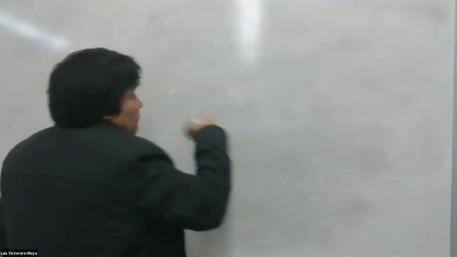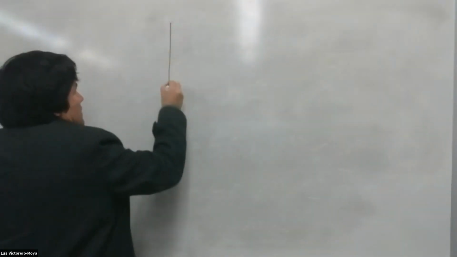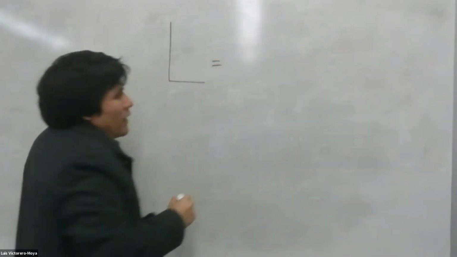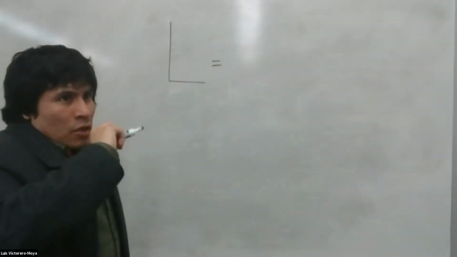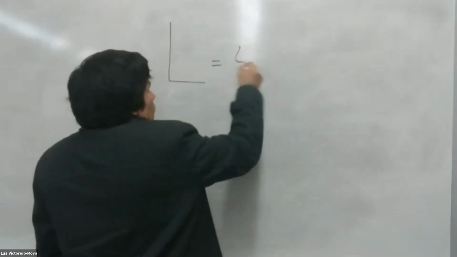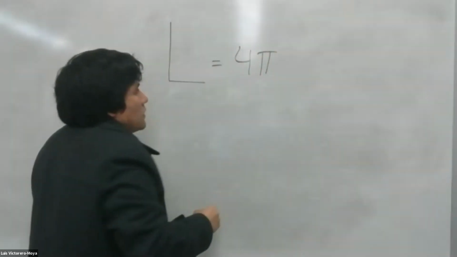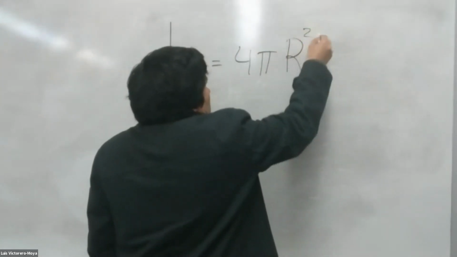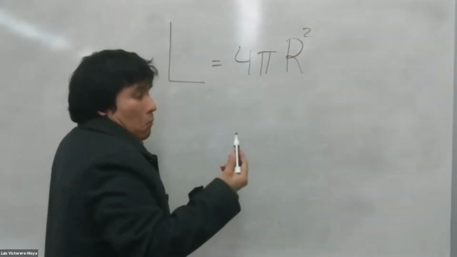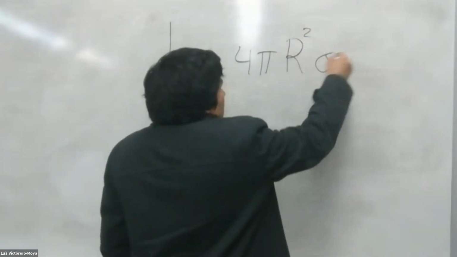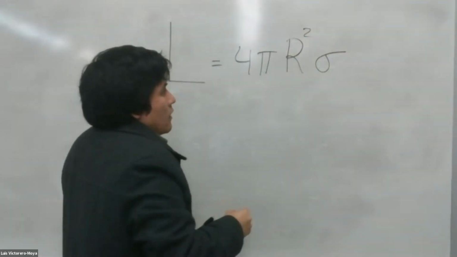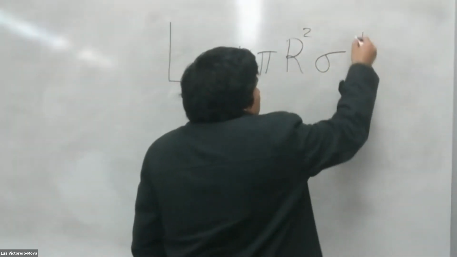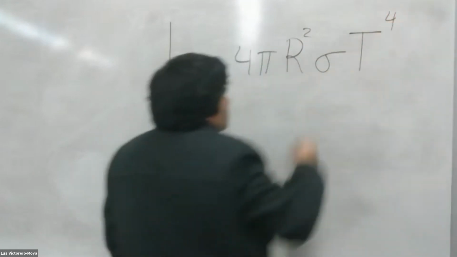So the luminosity, which is the power radiated by a star, is given by the solid angle that we are measuring, which is 4 pi, by the size of it, well, this is the area of a sphere, something called the Stefan-Boltzmann constant, and the surface temperature to the power of 4.